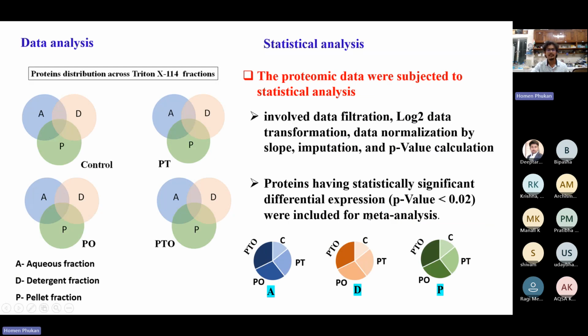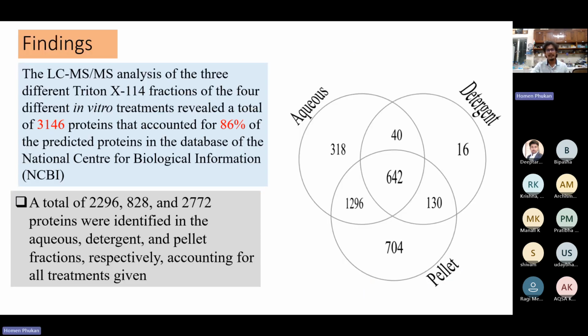For data analysis, we performed statistical analysis involving data filtration, log2 data transformation, data normalization by slope, imputations, and p-value calculations. For proteins having statistically significant differential expression, we took a significance value less than 0.02. Now the findings.